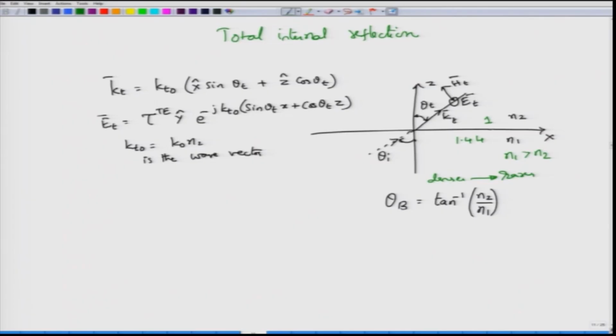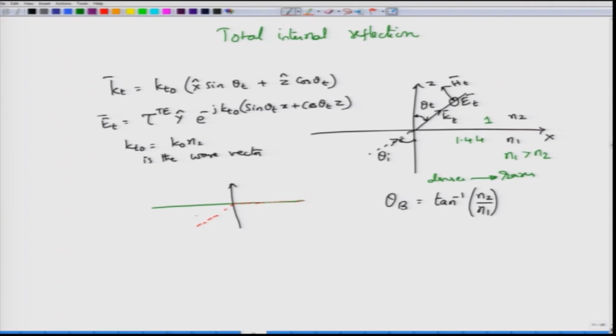Is our intuition correct? In this case where we are moving from denser to rarer, of course our intuition is wrong, because there exists what is called a critical angle. Once your light is incident at the critical angle, as we would call it, the transmitted ray would start propagating along the interface.